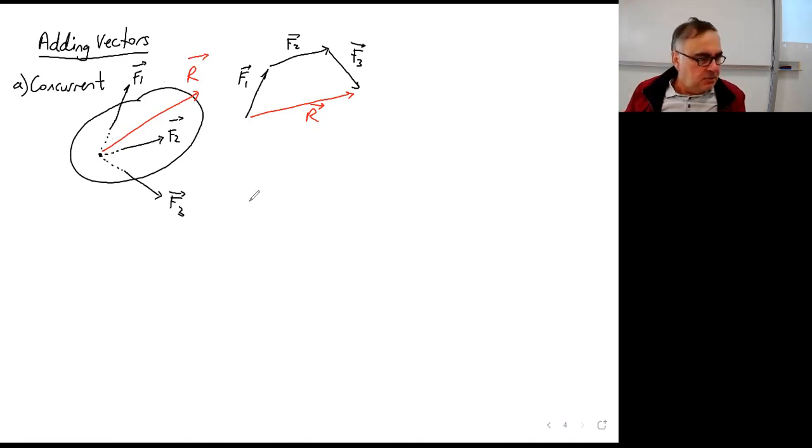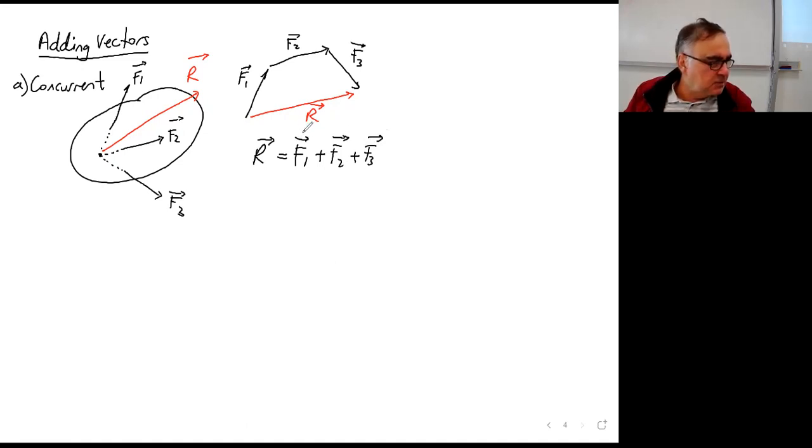So R is simply F1 plus F2 plus F3. Now you might think, what else? Obviously, the resultant is going to be the addition of the forces. Well, that's true. The resultant is the summation of the forces.